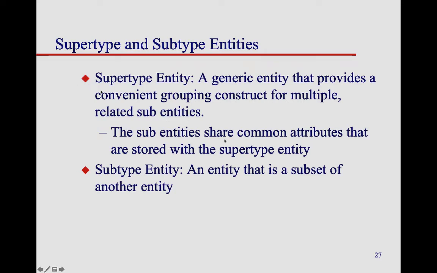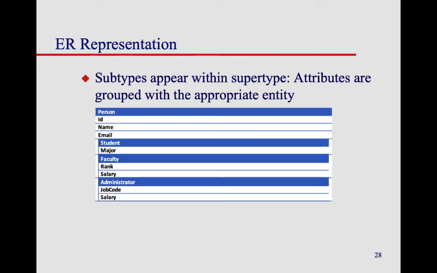These subentities share common attributes that are stored with a supertype, and then the subtype entity is a subset of another entity, and they have their own unique attributes. The way we show it in an ER diagram is by embedding the subtypes within the supertype.